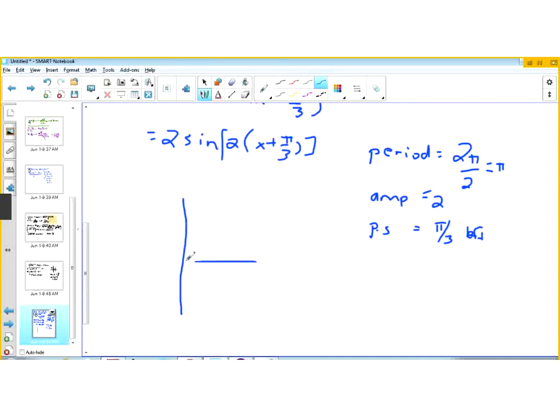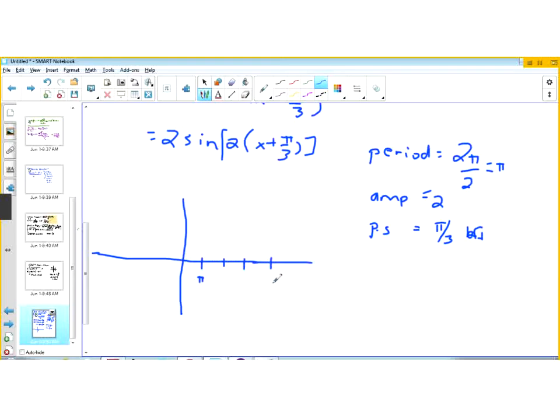All right, so we can start off by graphing a sine function with period pi. So what you do is kind of like what I talked about in lecture 2.